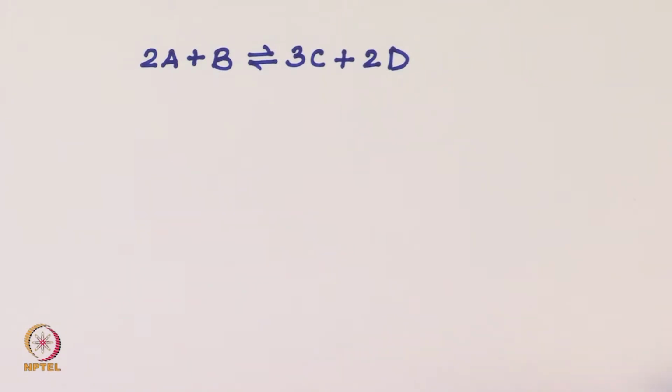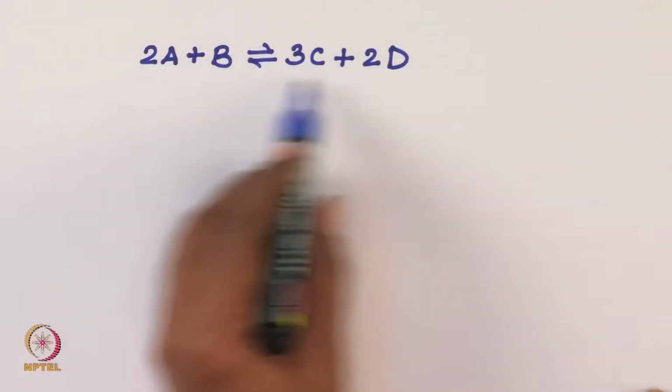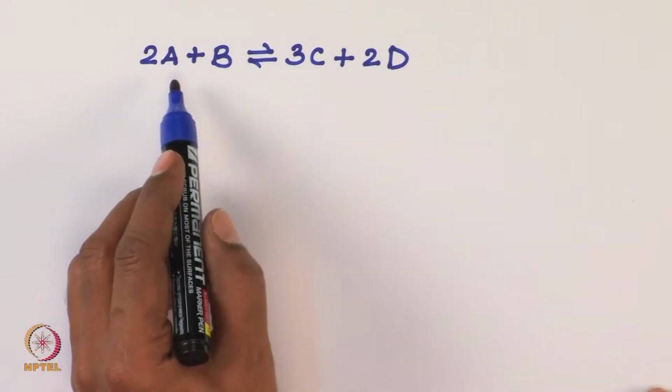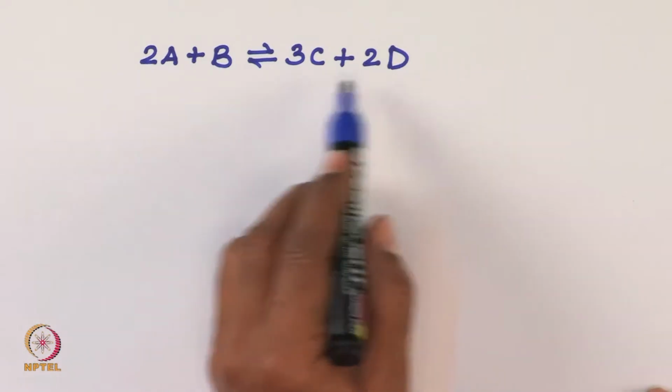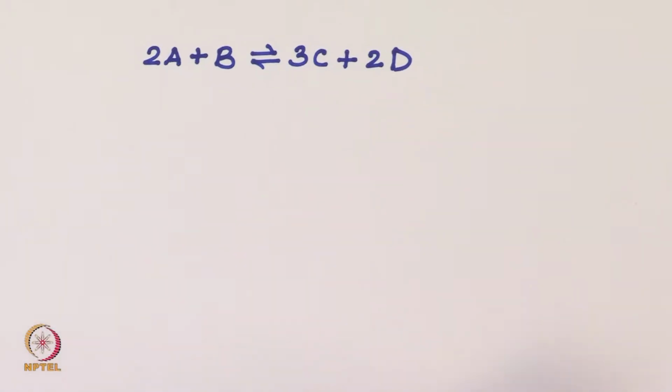And the given information to us is that you are mixing 1 mole of A, 2 mole of B and 1 mole of D. You mix A, B and D and then you allow the reaction to come to an equilibrium, and eventually, when you are mixing A, B and D, C will be formed and the equilibrium at some point will be attained.